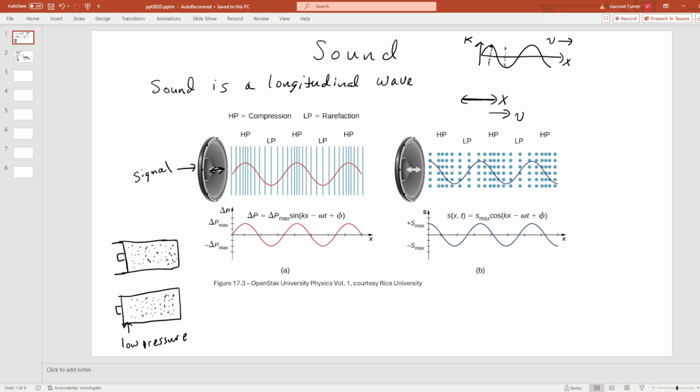And so, as the cone in your speaker moves backward, it creates this region of low pressure. And then, as the gas can respond to it, it flows toward the plunger.